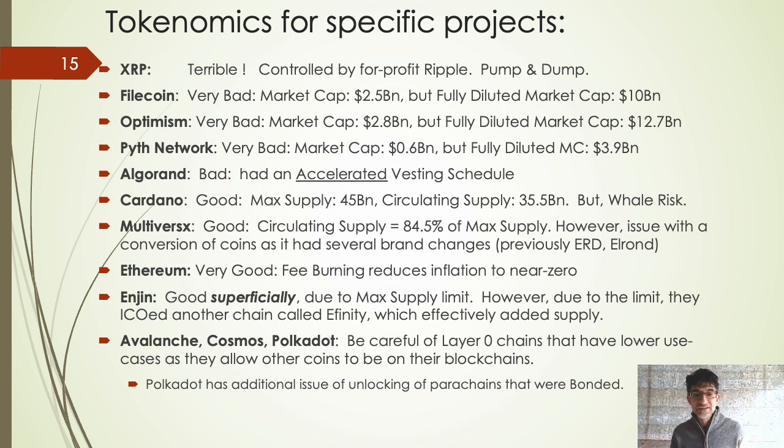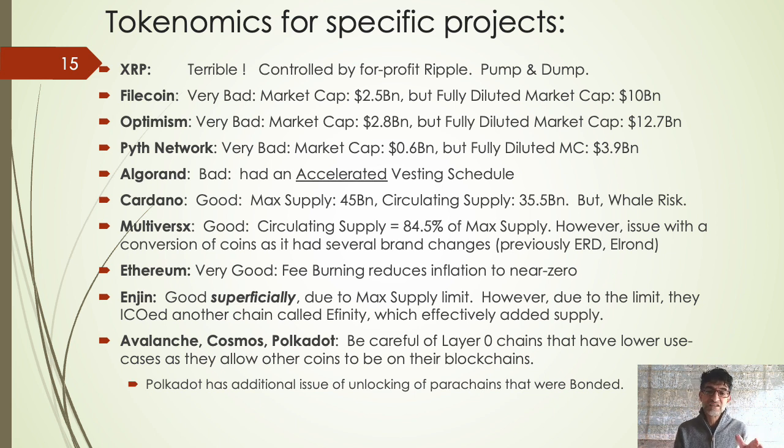And in a related matter, there's layer 0 chains where you have to be careful, because those chains like Avalanche, Cosmos, and Polkadot, some of them look very good superficially, but they allow other tokens to be used on their chains.